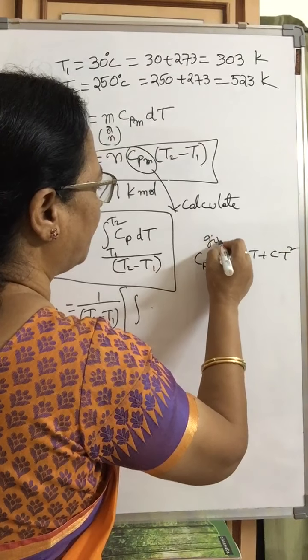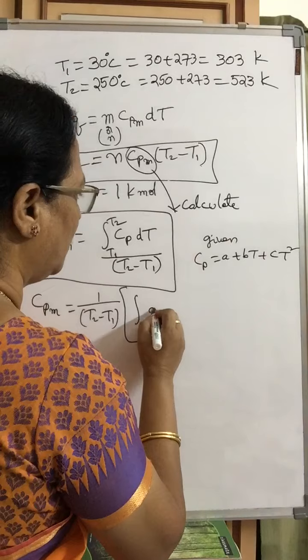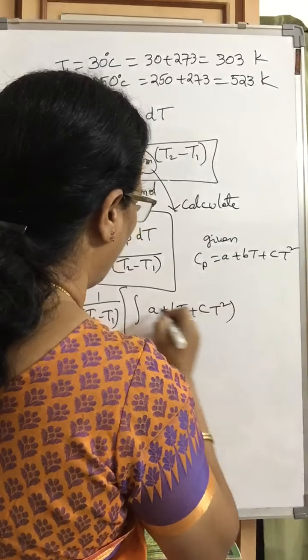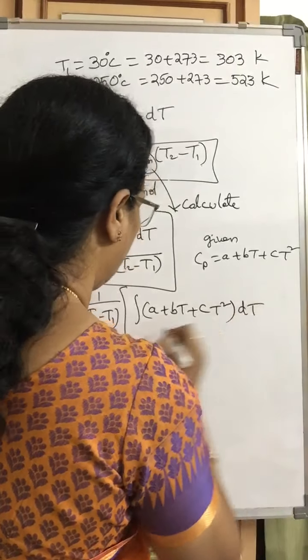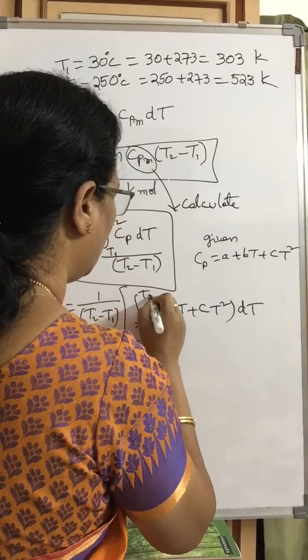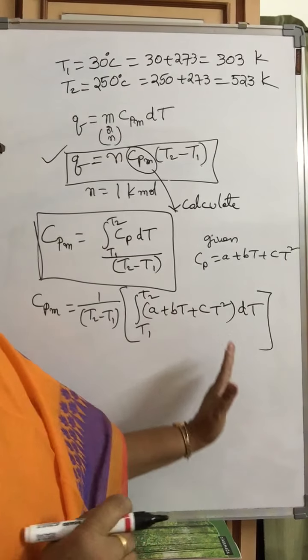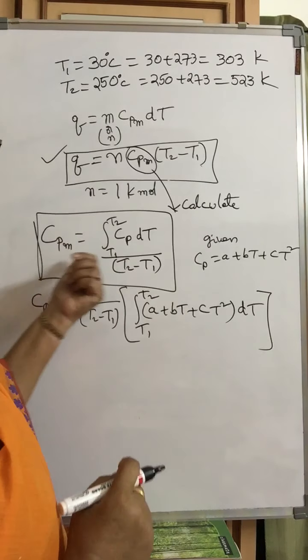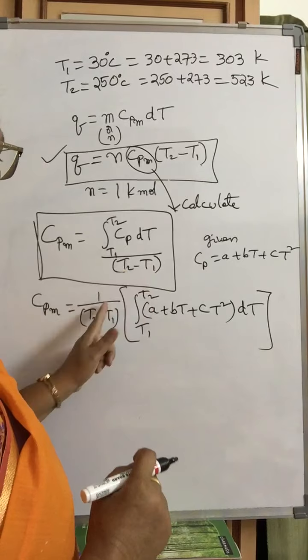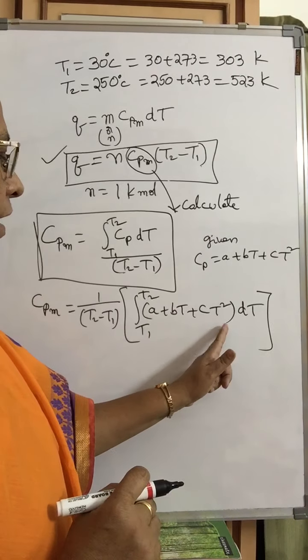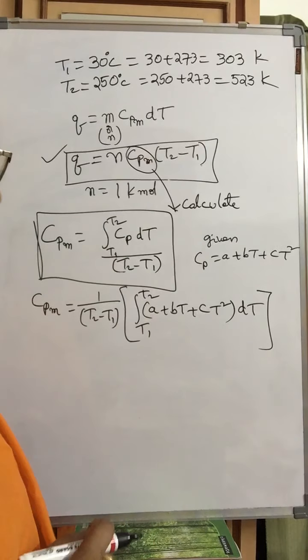So A plus Bt plus Ct square dt, from T1 to T2. This is how to substitute.